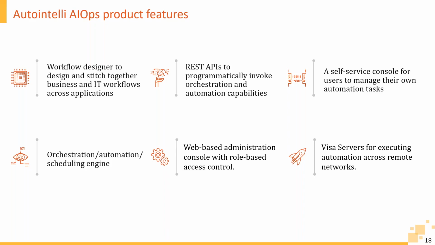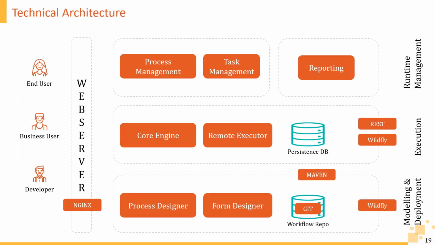In order to manage multiple availability zones from a central location, we can have an AutoIntly instance, and in each availability zone we can place a Visa server at the target. These Visa servers will be able to do inbound and outbound communication with the target system. It can help you get the events that have been created, as well as execute the automation at the target and get things done. So this is the technical architecture of how our orchestration would work.